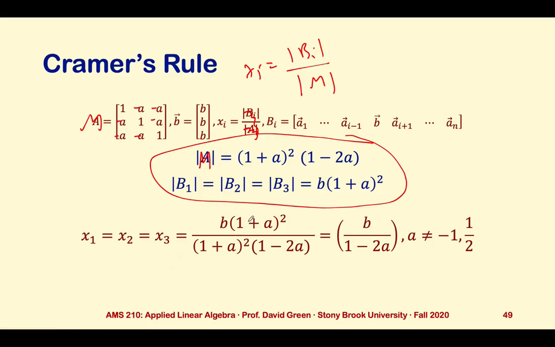Before doing anything else, we should recognize what the constraints on a are. A cannot be -1 because that would make us have zeros, and a cannot equal half. If we think about the meaning of our original system, well, a equals -1 would be a kind of ridiculous answer anyway.